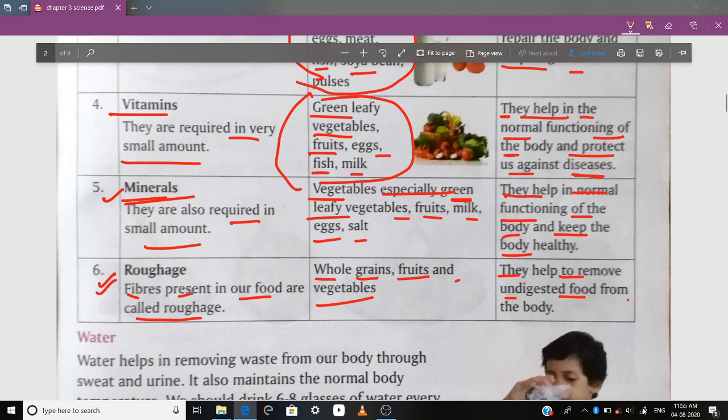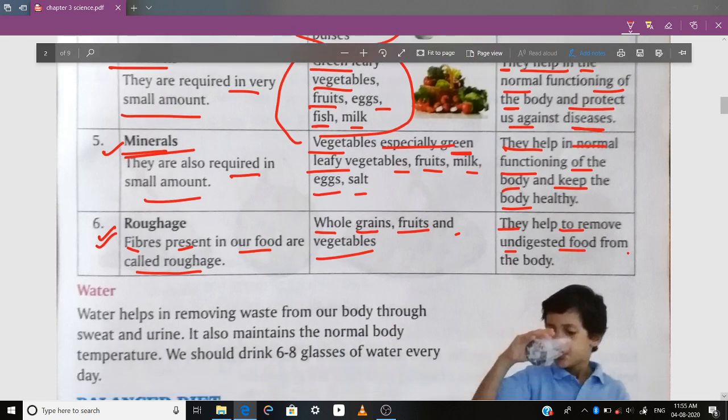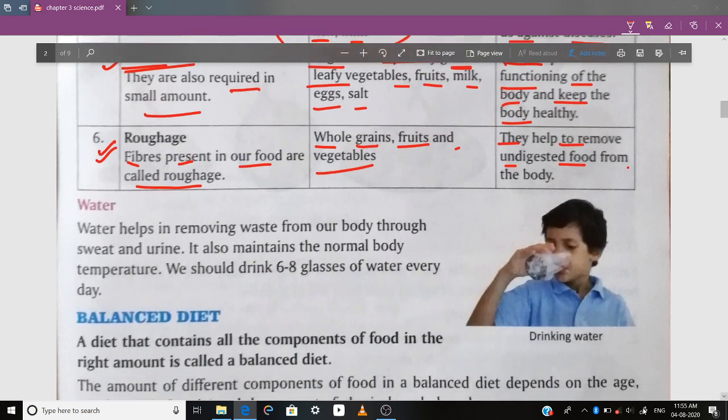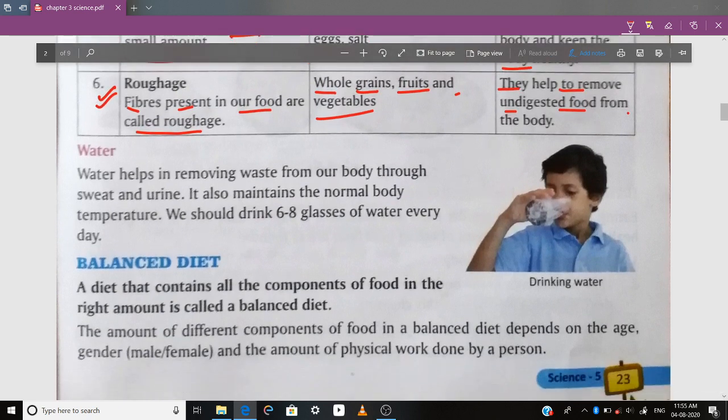Now let's talk about water, because water is the main part of our diet. Water is not among those five nutrients, but it is apart from them. Water helps in removing waste from our body through sweat and urine.